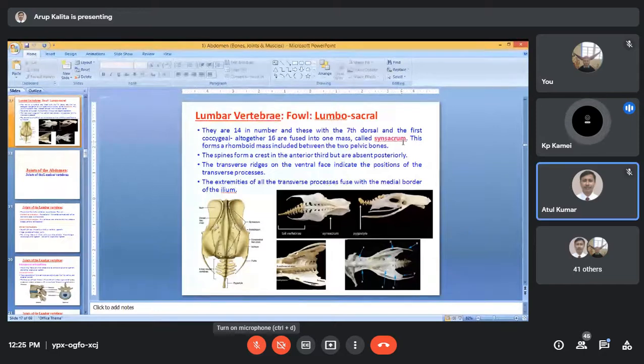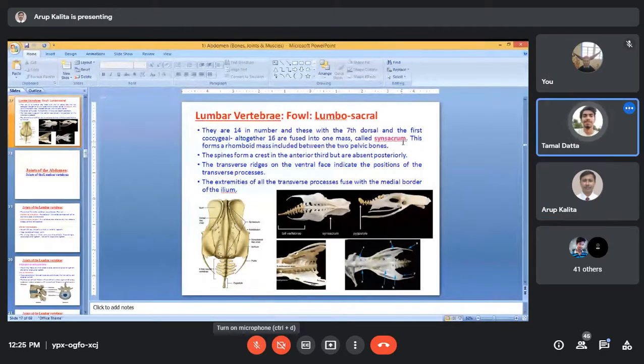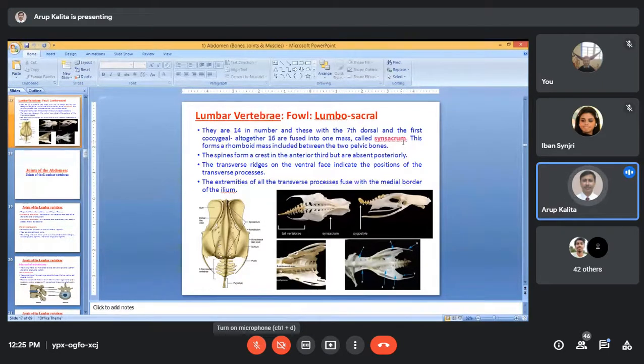Yes, sir. So how many bones are present in the synsacrum? 16. Okay. So how is it composed? The first one is the 7th thoracic or dorsal. Then 14 lumbosacral mass.